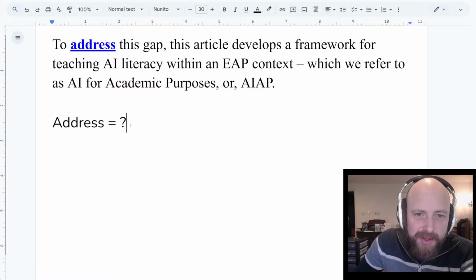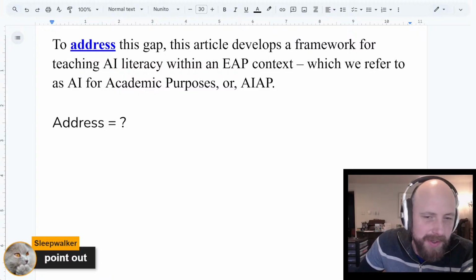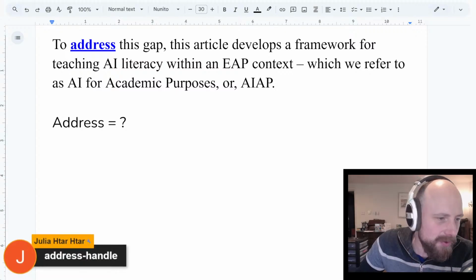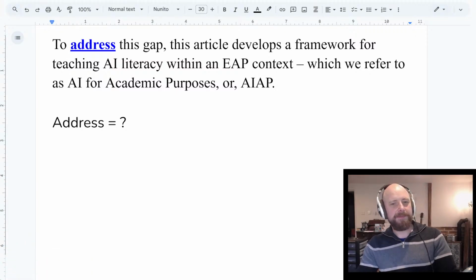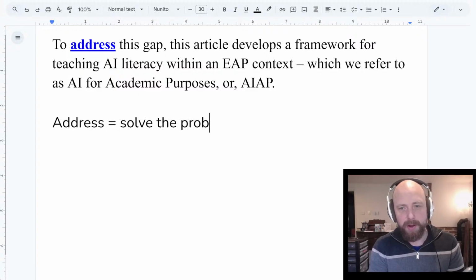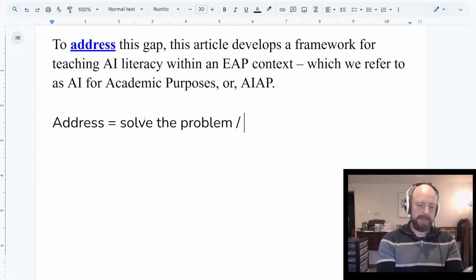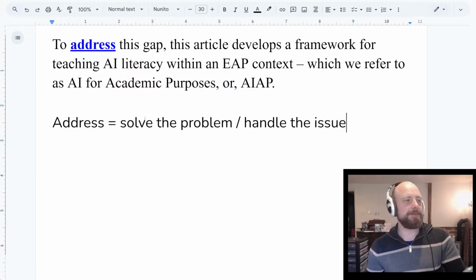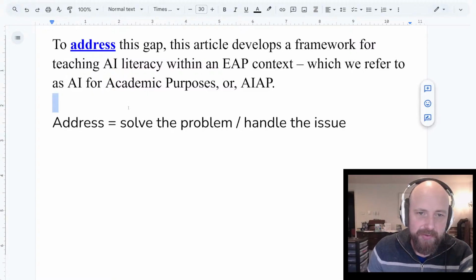So we're addressing the gap. What does it mean to address in this case? Point out, it can mean point out, but not in this case. Handle, yes, that's it. Well done. Good job, Julia. Yeah, in this case, we mean solve the problem. Handle the issue. That's what we mean by address here.